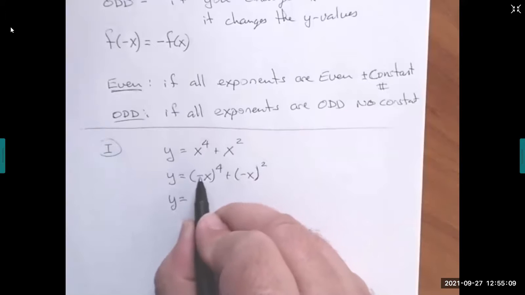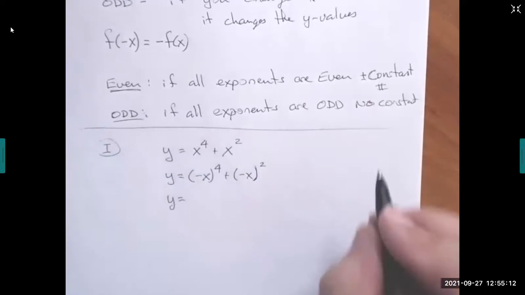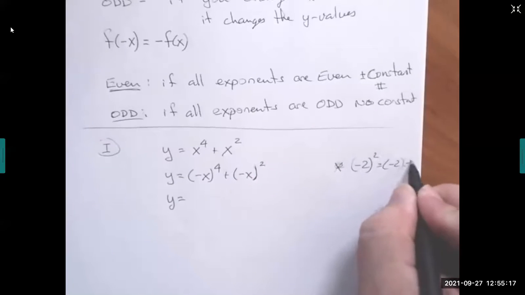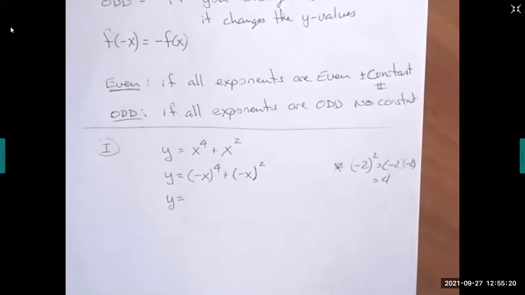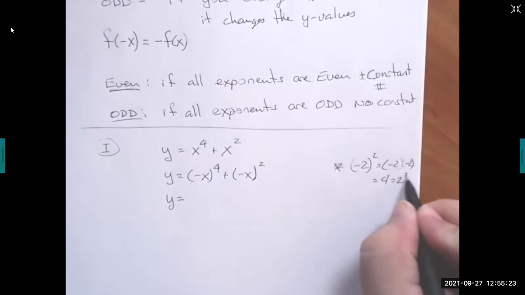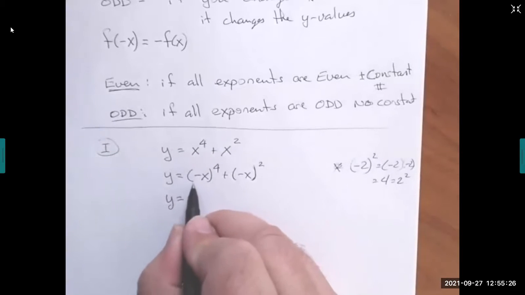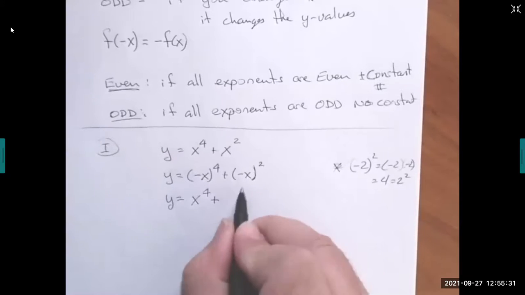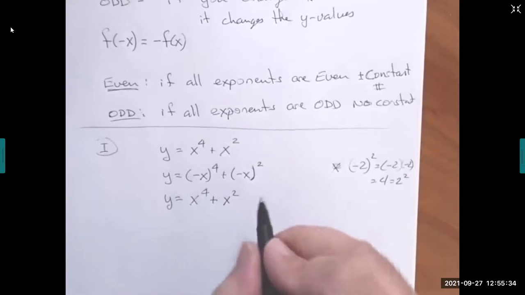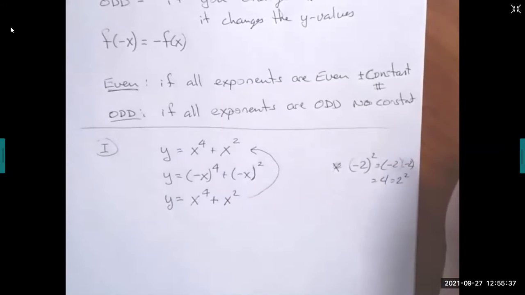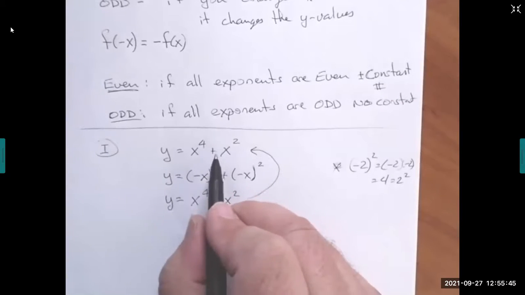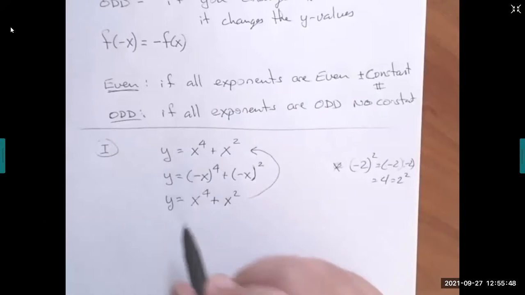Any even exponent cancels out the negatives. Negative 2 squared is negative 2 times negative 2, which becomes a positive 4, which is the same thing as 2 squared. So negative x to the fourth is the same thing as x to the fourth. Negative x squared is the same thing as x squared. So if you change x to negative x and you end up with the same equation you started off with, that's an even function.